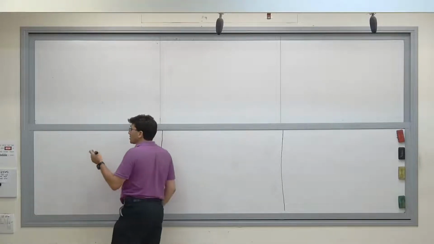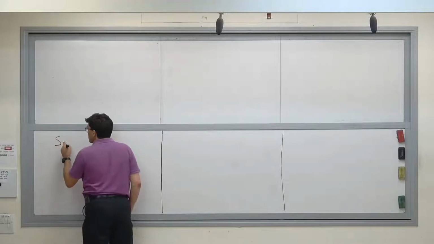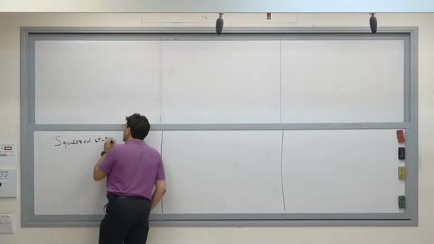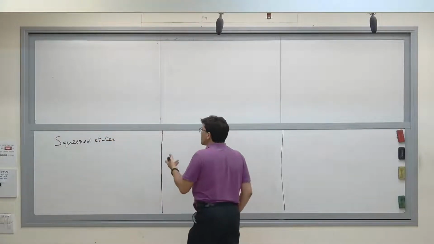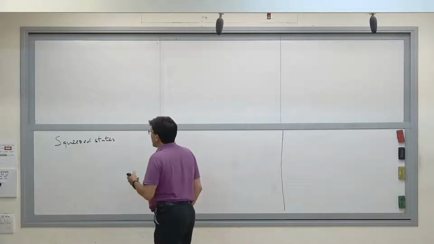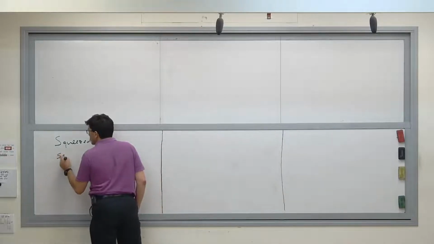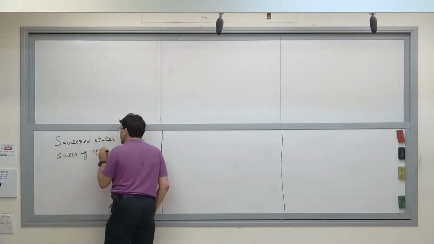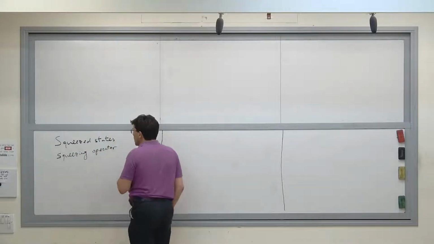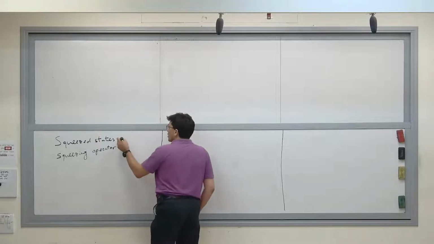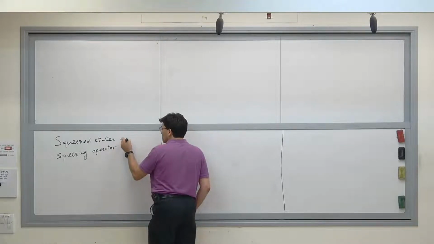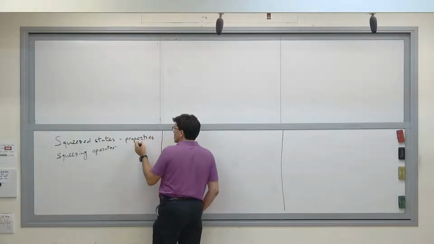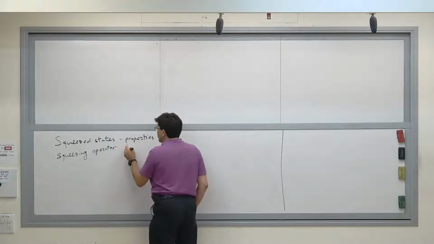One that we started last time, squeezed states, and a little bit of analysis for squeezed states and squeezing operators, like properties in the sense of noise and things like this.